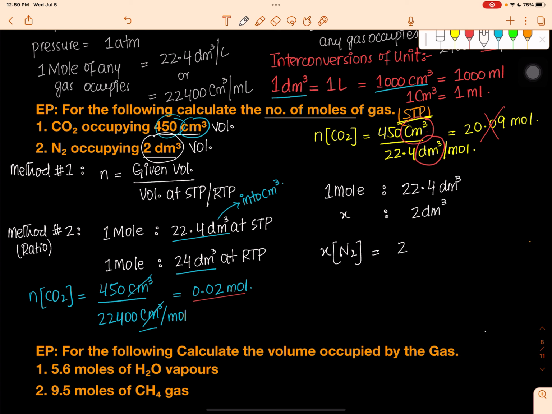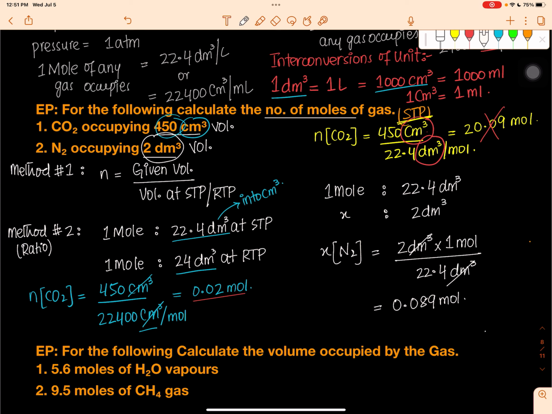So 2 dm cube times 1 mole divided by 22.4 dm cube. Dm cube cancels out dm cube, and 2 upon 22.4 gives the result, which is 0.089 moles.